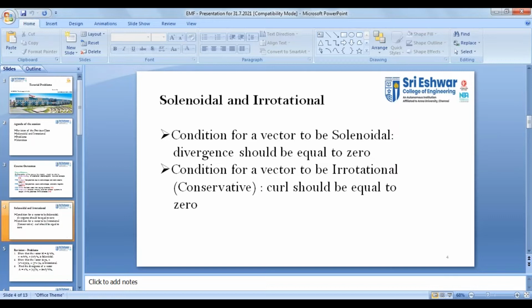How will you find the divergence of the given vector? What kind of mathematical operation do we have to perform with the given vector? Dot operator, sir.